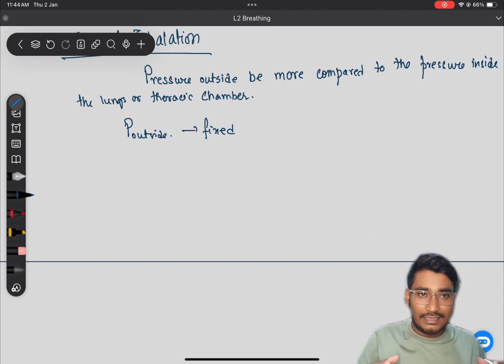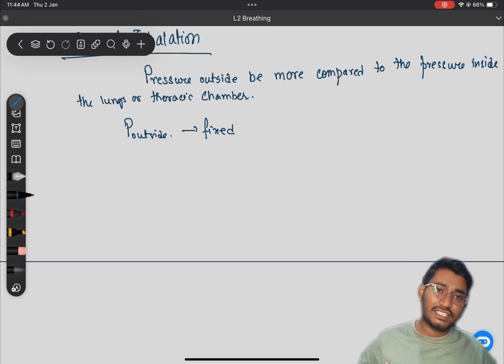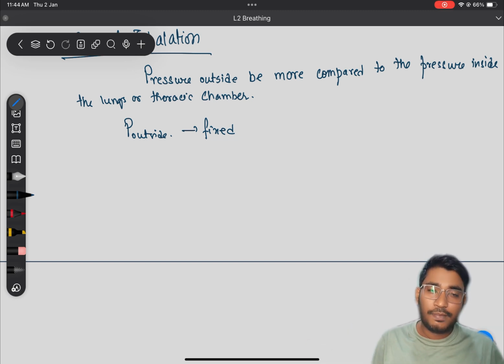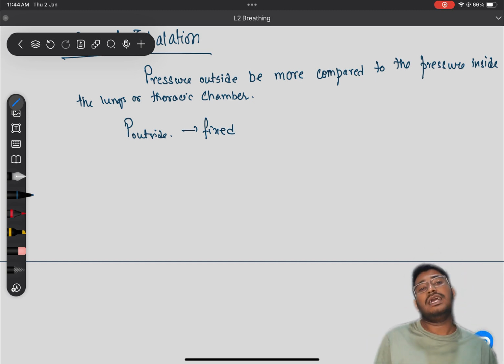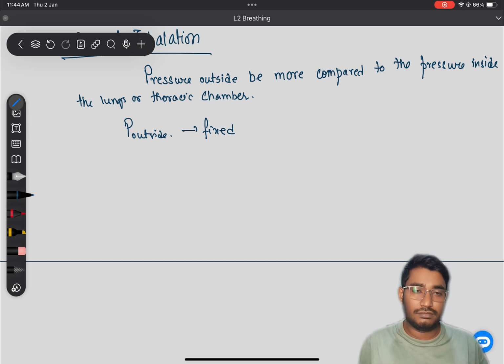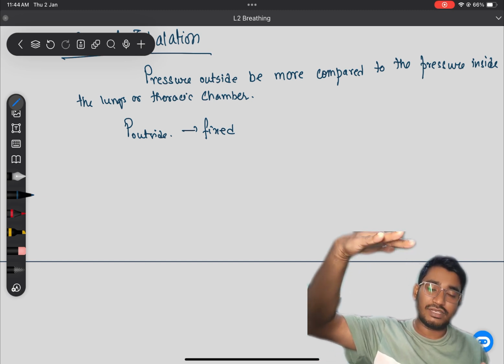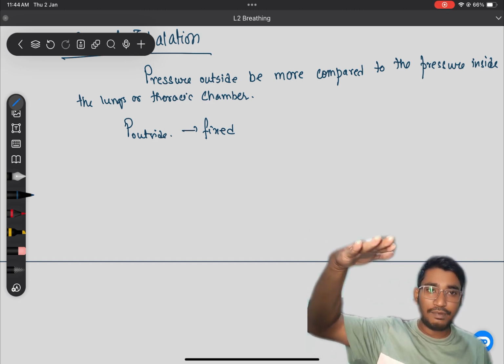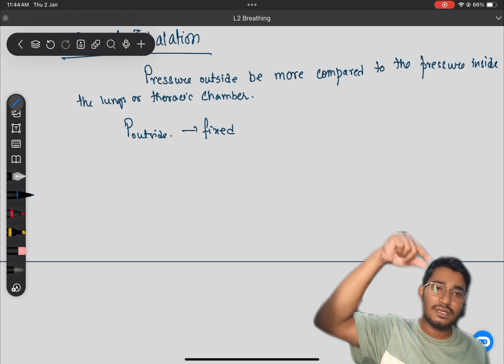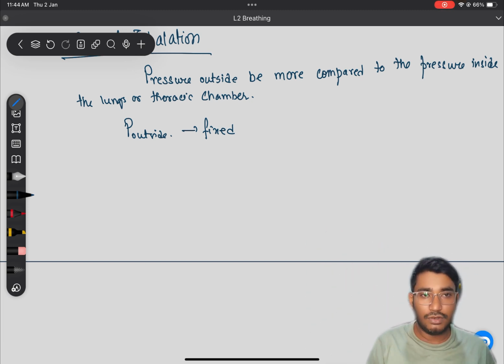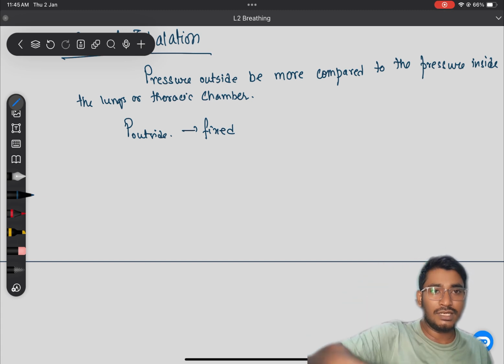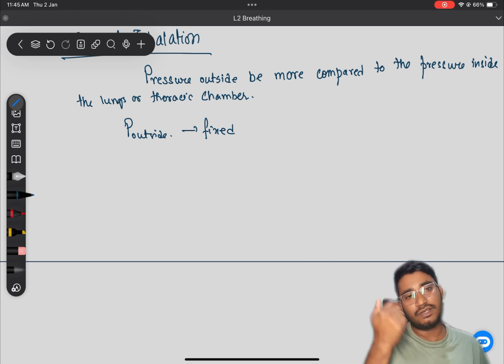The oxygenated air comes from the atmosphere towards our lungs.